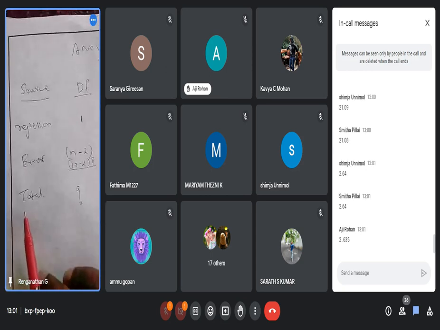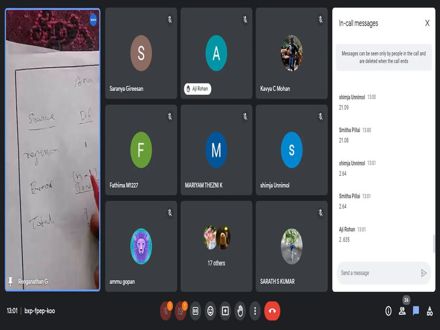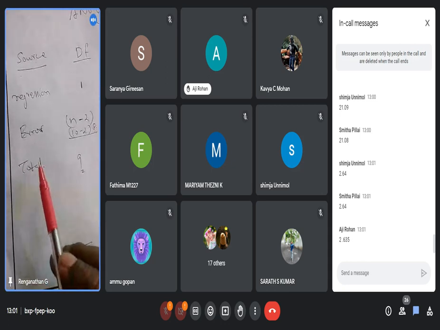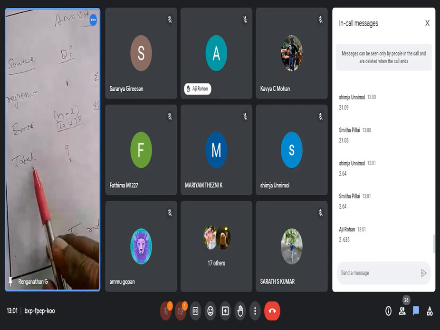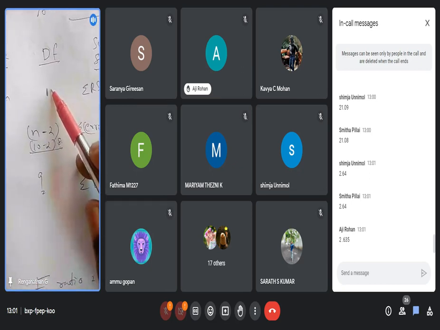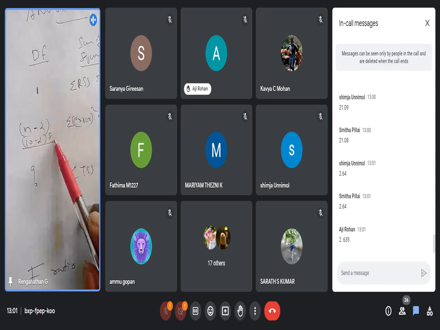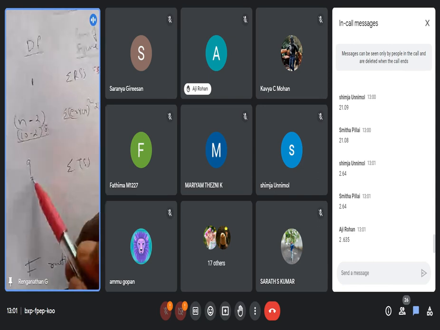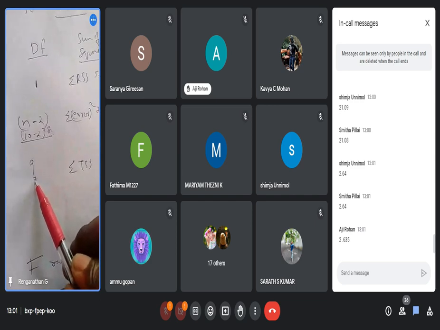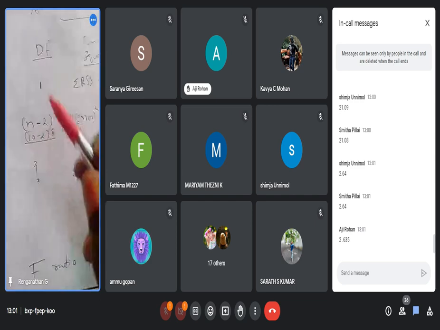Now come to the last line, total. Under source, you have to show total. Then the degree of freedom. Here 1 degree of freedom in the first line and 8 degrees of freedom in the second line. Then we total this, that means 9. 9 is the total of degrees of freedom, 8 plus 1. Understood?